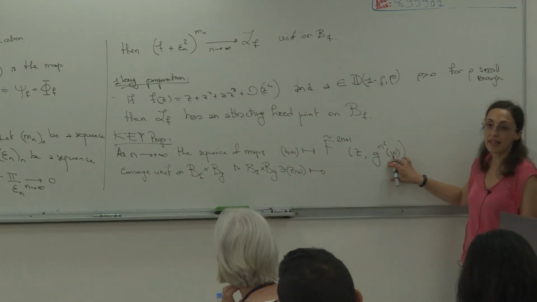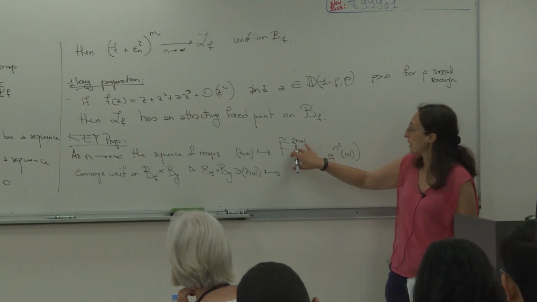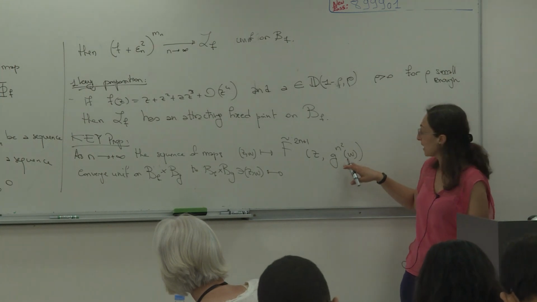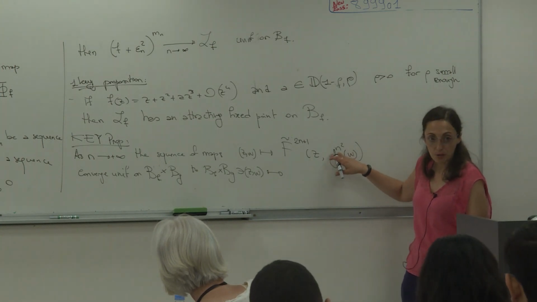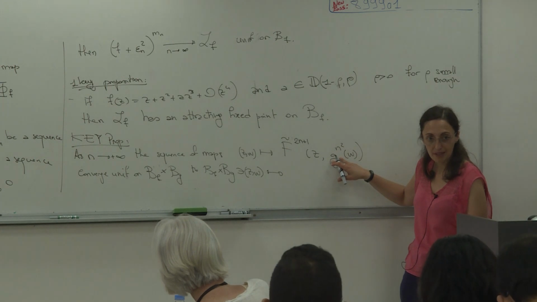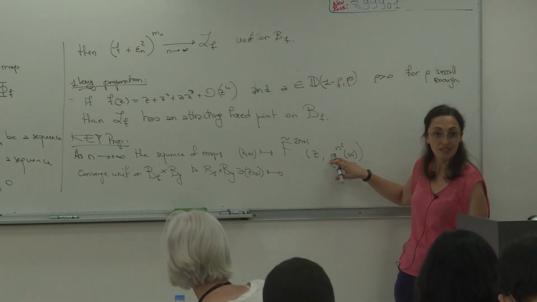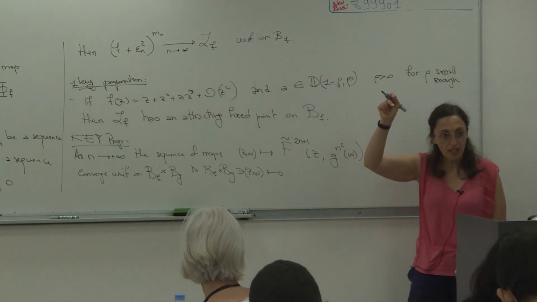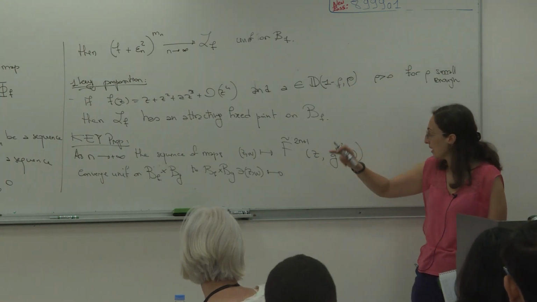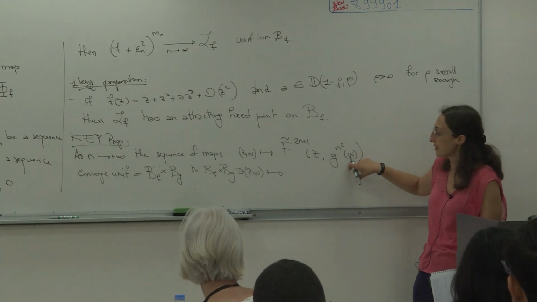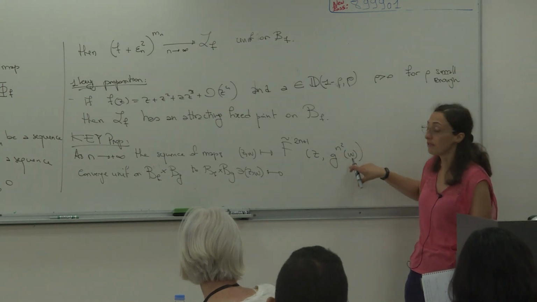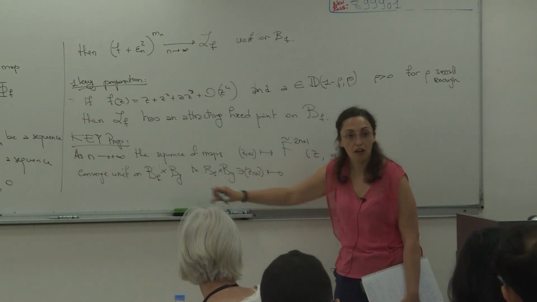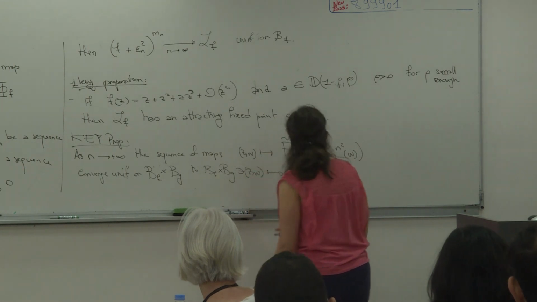And where does it go? Well, when you iterate it with capital F 2n plus 1 times, I'm simply iterating g n squared plus 2n plus 1 times. And I'm sure you all know that this is equal to g iterated n plus 1 all together squared times. And so when you send n to infinity, this is going to converge to 0 because we were in the attracting basin of the origin for g. So in here we have a 0.